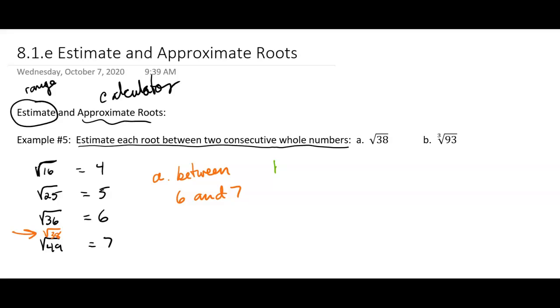It might be helpful for B, we're doing a cubed root, it might be helpful to know perfect cubes. So perfect cubes, we'll make a little list over here to the side. It won't be as long as our perfect squares. So 1, 8, 2 times 2 times 2 is 8, 27, 64, 125, that's 5 cubed.